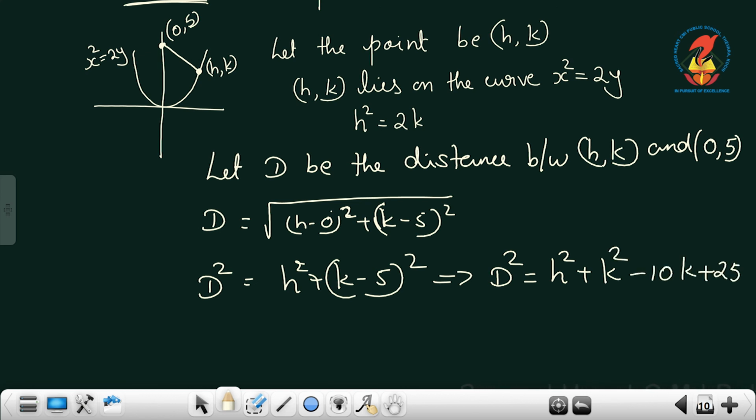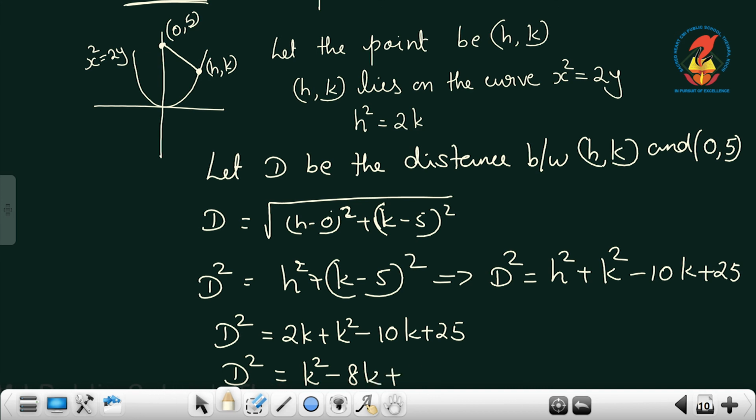It is better to substitute for h square. What is h square? 2k. So d square is equal to 2k plus k square minus 10k plus 25, a quadratic in k, plus 25.